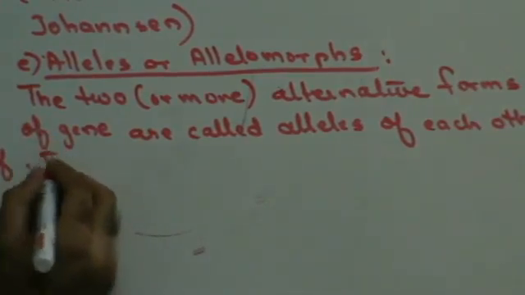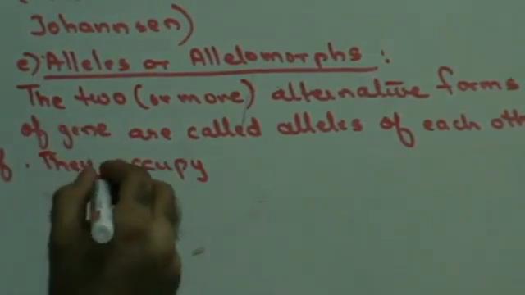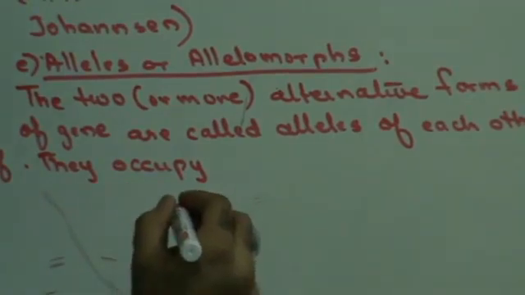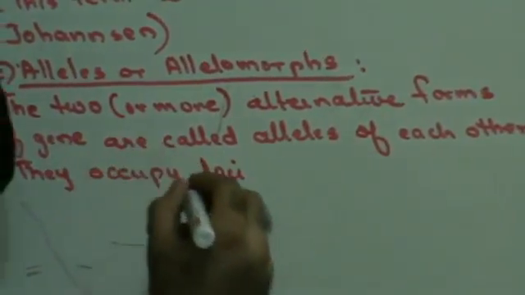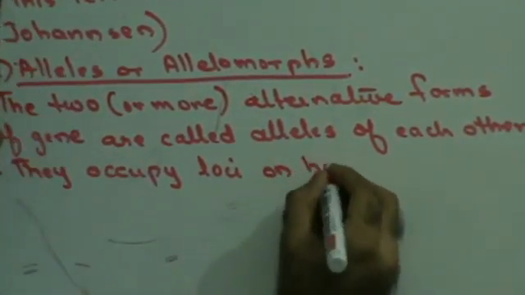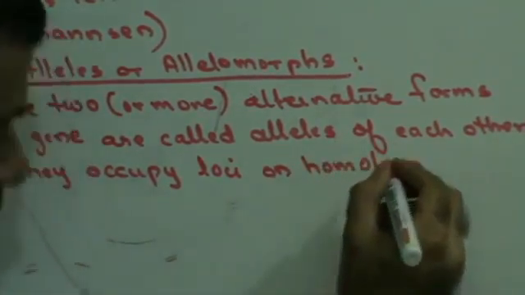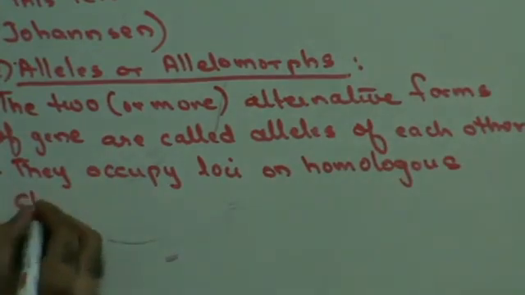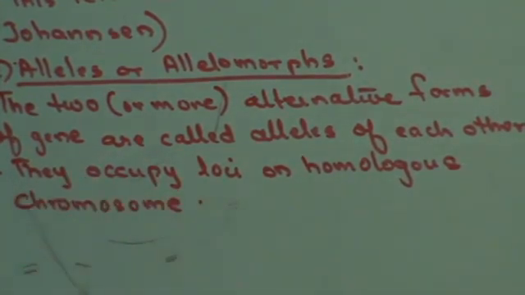They occupy loci on the homologous chromosomes. Loci means they occupy the position of homologous chromosome, right?